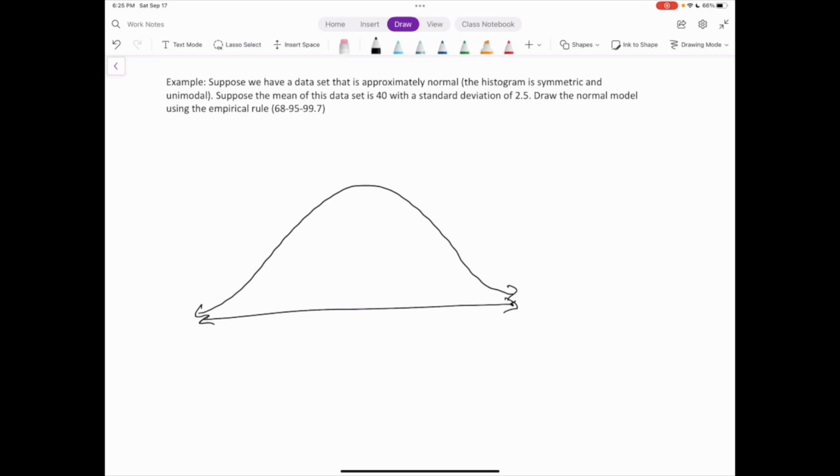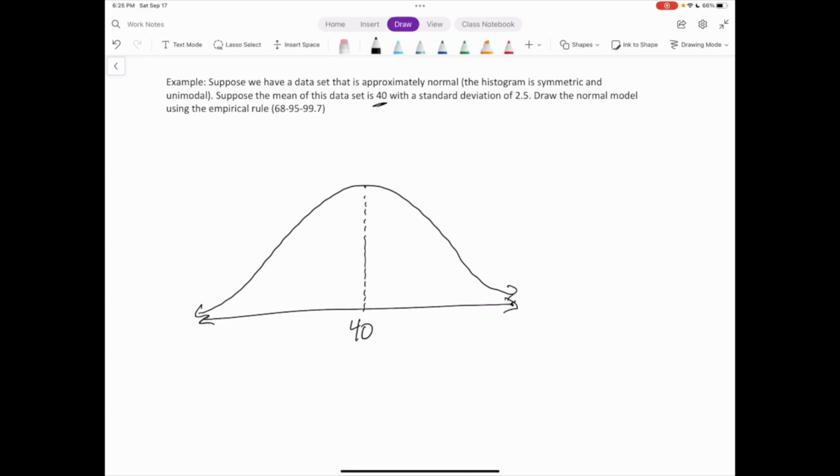So does my number line. And I like to do this right down the middle. What value is that? Remember, we say the center of a normal distribution is the mean. The mean of this data set is 40, so the value right down the middle, where the peak of that mound is, is going to be 40.